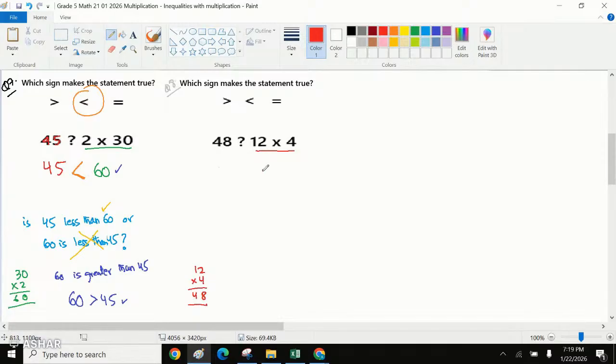So we can say this is 48, whereas this was already 48. So which number is greater? The number on the left hand side is greater, or the number on the right hand side is greater? LHS means left hand side of the statement and RHS is the right hand side. So which answer is greater?